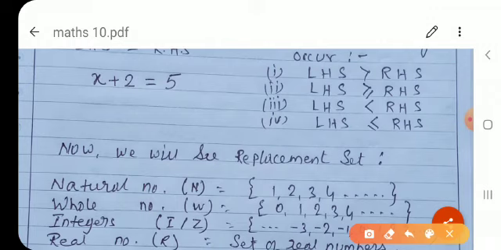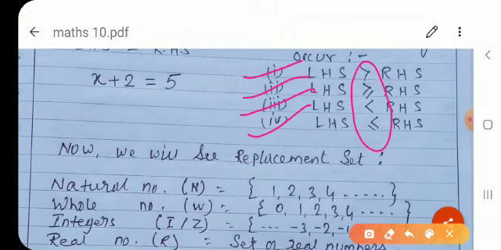We can see over here LHS greater than RHS, LHS greater than or equal to RHS, LHS less than RHS, and LHS less than or equal to RHS. These 4 things you keep in mind, children. Very important in linear inequation.